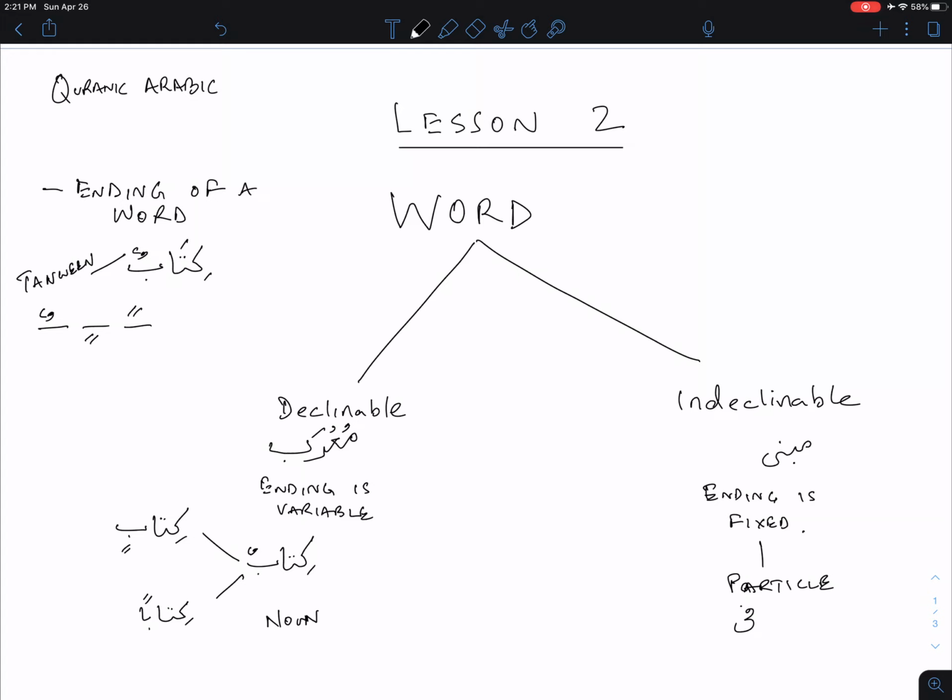You will notice that, and then you will understand better. So the first phase is to recognize that the ending is varying, and maybe even look at words whose endings are not varying. And to add to that, for indeclinable, where the ending is fixed, I can add alladhi, a common noun that comes in the Quran. That's another one you can add, and you can pay attention to that.